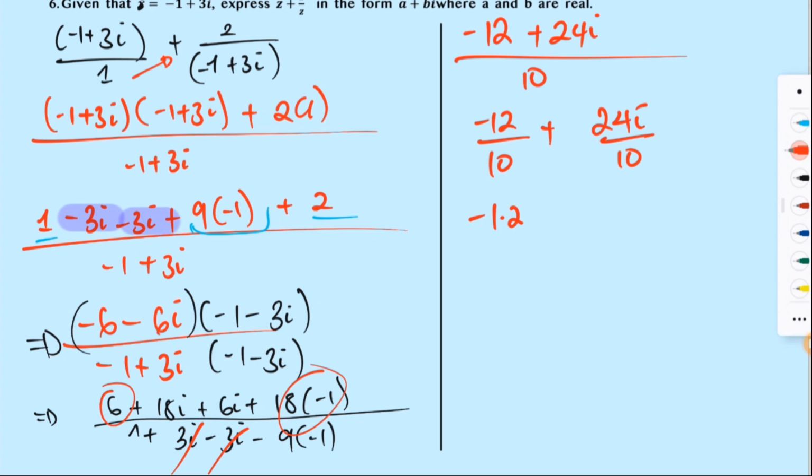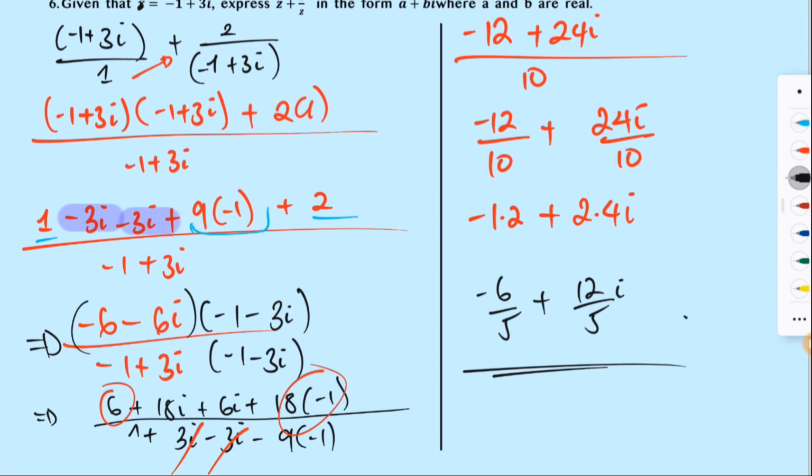Negative 1.2 plus 2.4i. You can do it that way, or for those who like fractions, we would simplify by dividing by 2: negative 6 over 5 plus 12 over 5 i. You choose. But I know a lot of students hate fractions, so let's move on.